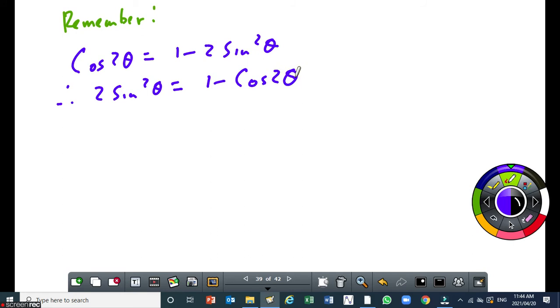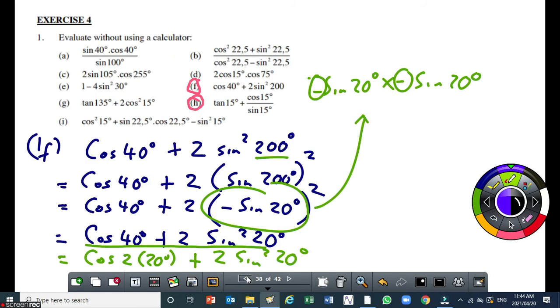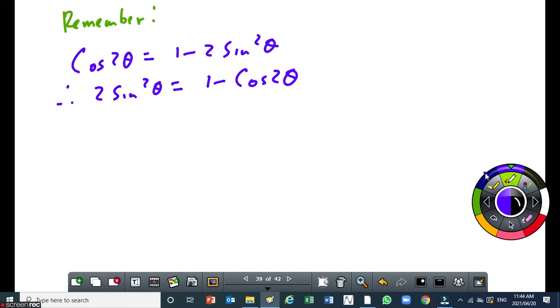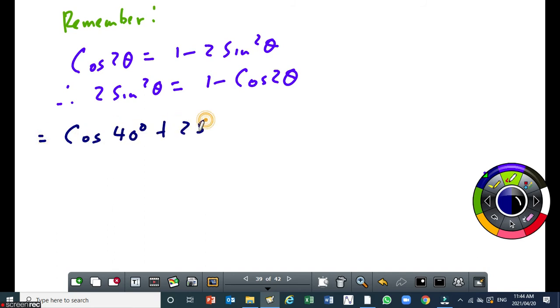So for our question, we have cos 40 plus 2 sine squared 20 degrees. I'm going to rewrite it nicely on the next page so it can be easier for you to follow. So we have cos 40 degrees plus 2 sine squared 20 degrees.